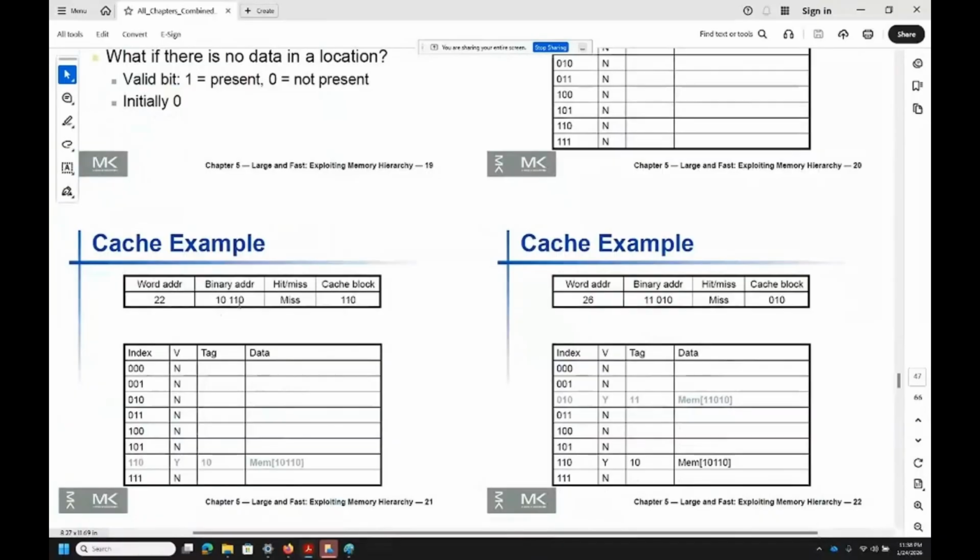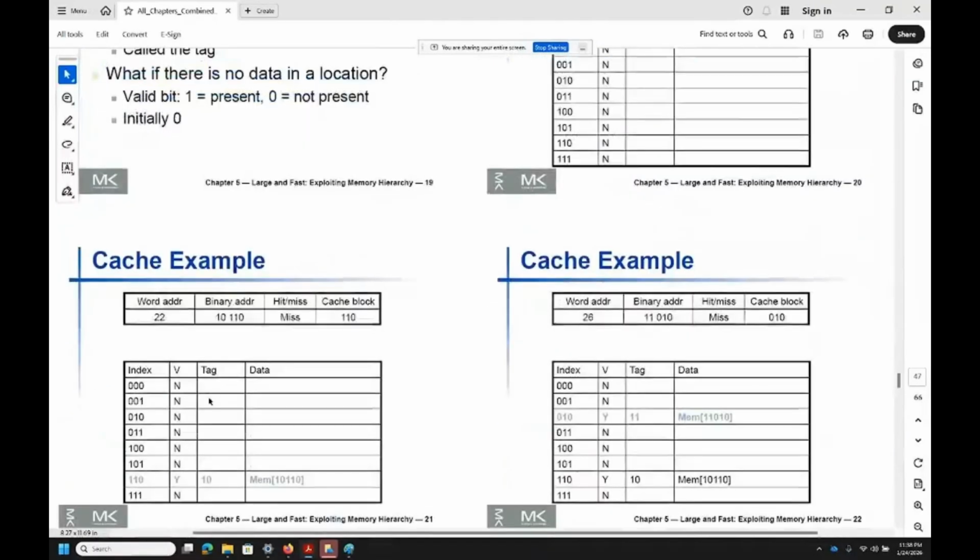In binary, that's 10110. Because you have 8 blocks, you do a modular division of 22 by 8, which gives you 6. So it has to be stored in block 6. 110 is 6, so it has to be stored in the sixth block.